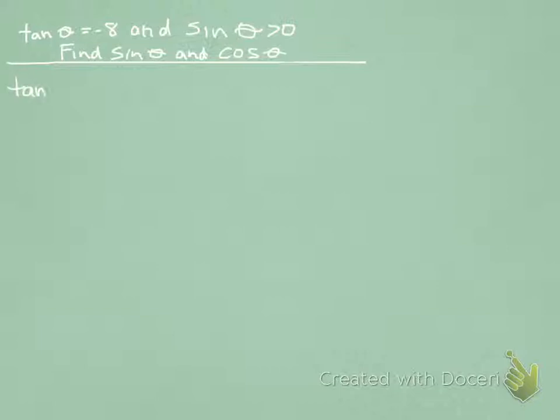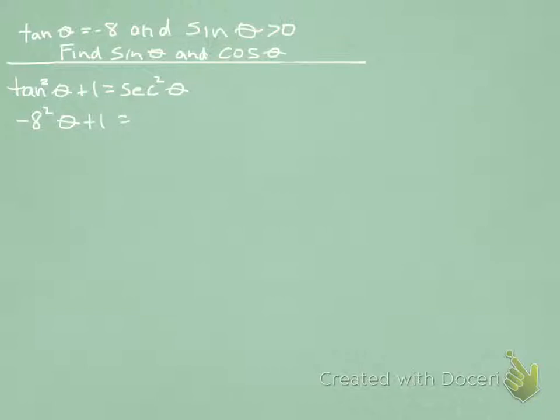That is the tangent squared plus 1 equals the secant squared. So from this, let's start putting in what we know. We know that the tangent is -8. We were given that, of course, from the problem, and we're going to square it, plus 1 is equal to the secant squared.